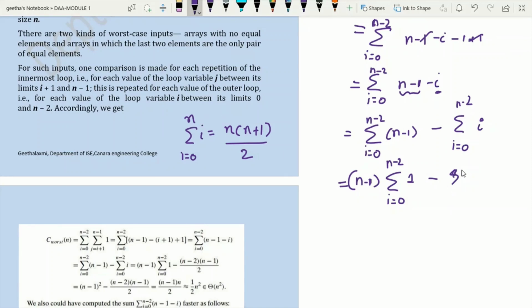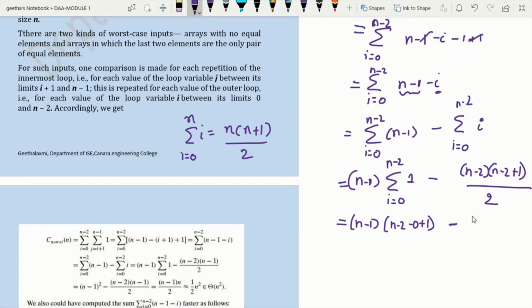This formula is similar to the earlier one, but here n is replaced by n minus 2. So we can write it as n minus 2 times n minus 2 plus 1, divided by 2. What about the first part? This is nothing but n minus 1, times upper limit n minus 2, minus lower limit 0, plus 1.